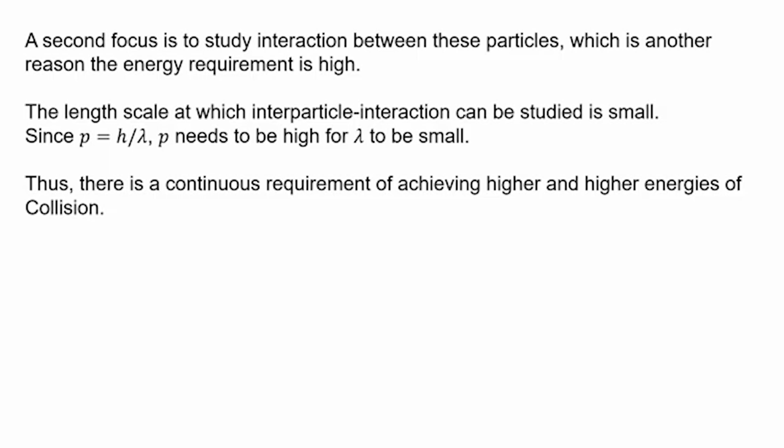One needs these energies to be high, and a very easy way to see why you need larger energies to probe these interactions is that the particles will have to come very close to each other. If you take the de Broglie relation, p equals h over lambda, where p is the momentum of the particle and lambda is the wavelength of the wave that describes the particle, then p needs to be very high if you want to probe very small distances.